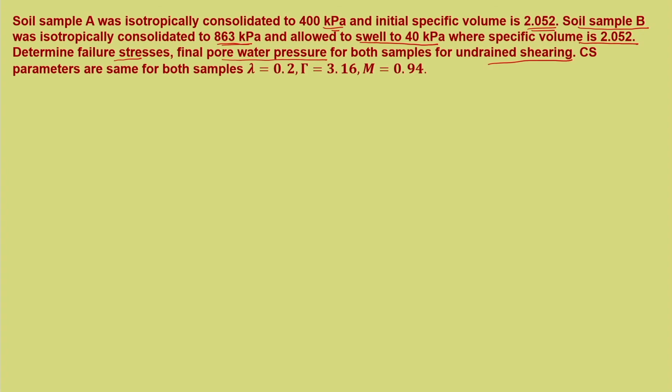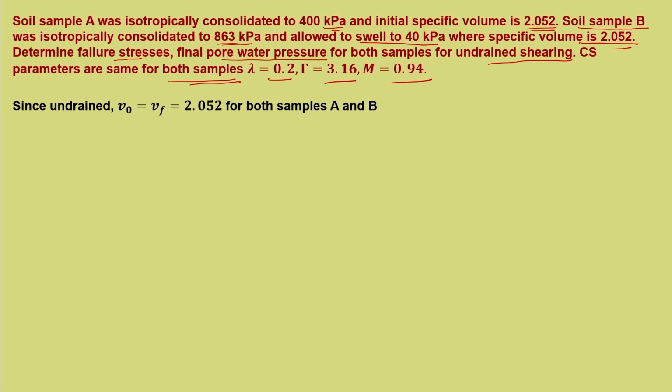Now, a very important aspect which you have to keep in mind is that the initial specific volume of both the samples, sample A and sample B, is the same, which is 2.052. Critical state parameters are same for both the samples: lambda equal to 0.2, gamma 3.16 and M equal to 0.94. Now, the very first condition which we know is that it is undrained.